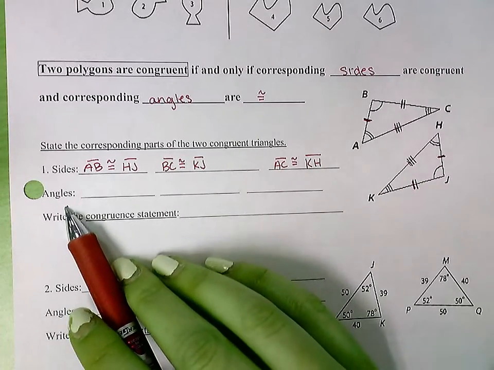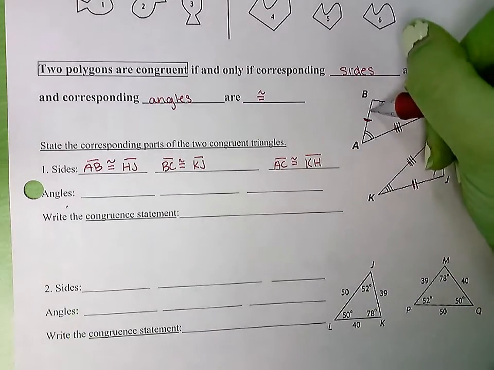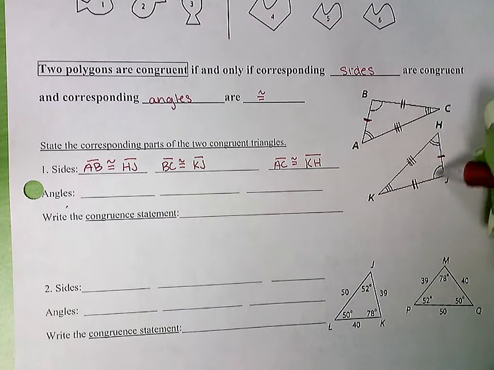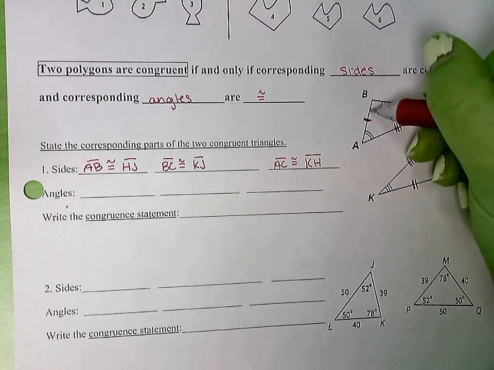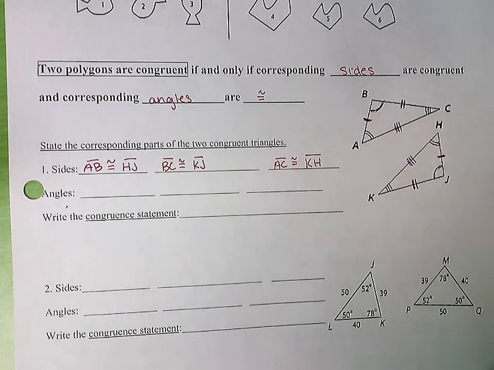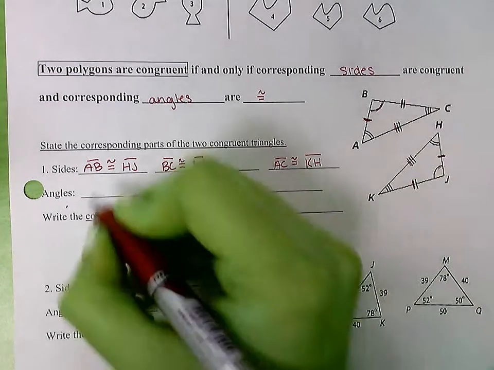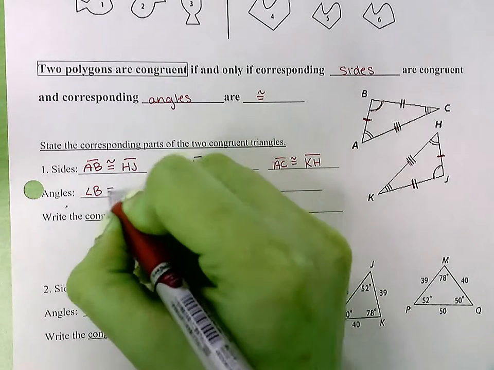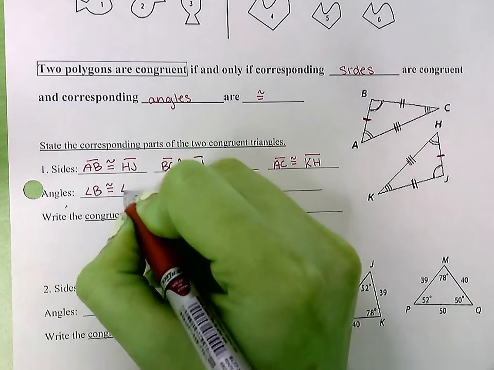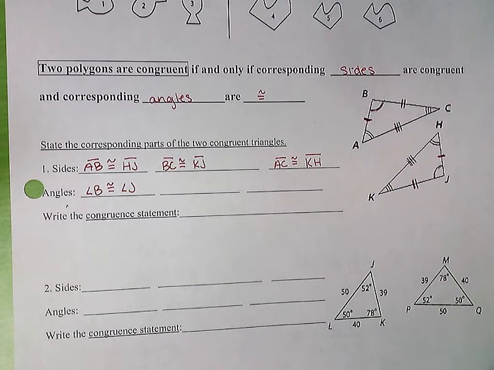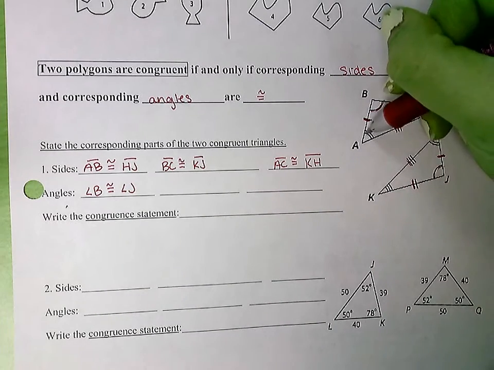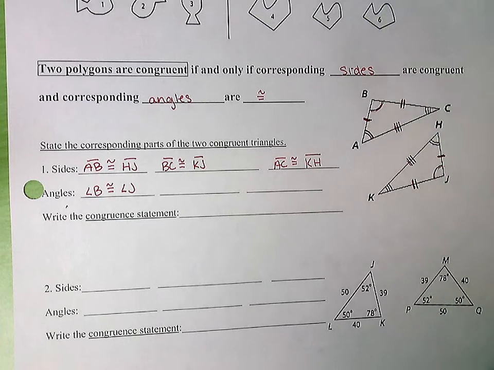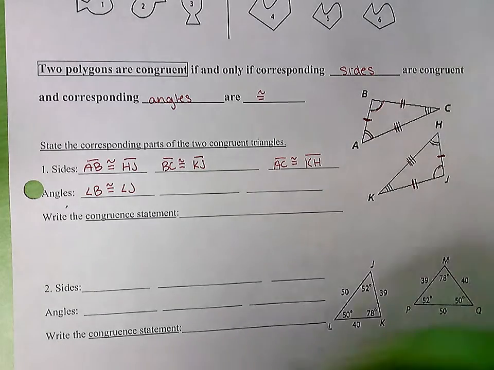Next, I want to move to the angles. So this time I'm going to look for those arcs within the angle. Since angle B has 1 arc, and so does angle J, those 2 would be congruent. So I can say angle B is congruent to angle J. Then this angle right here, angle A, has 2, and so does angle H. So those 2 must be congruent.